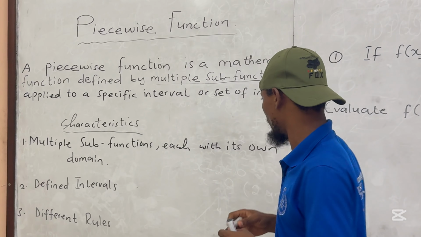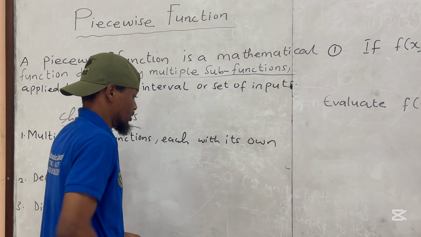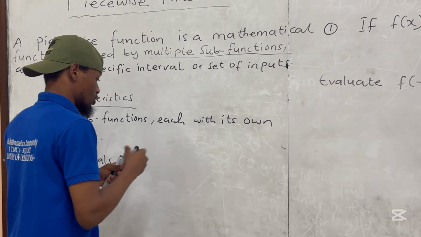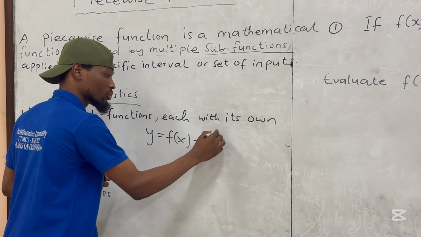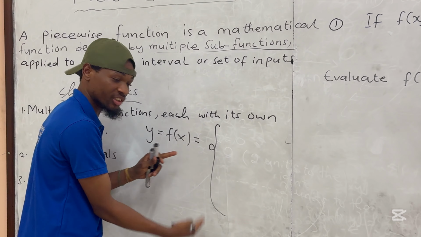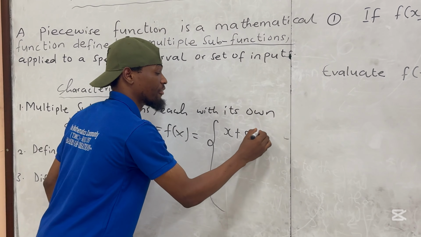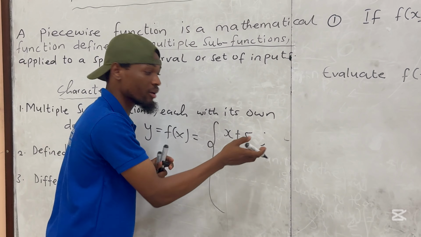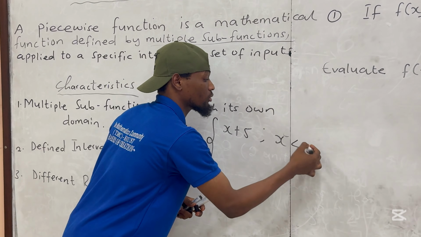So for example, if you have f of x this way, so y is equal to f of x, which is equal to, piecewise functions are denoted this way. So you have a bigger curly bracket consisting of, let's say, x plus 5 with domain, let's say, x is less than 1.